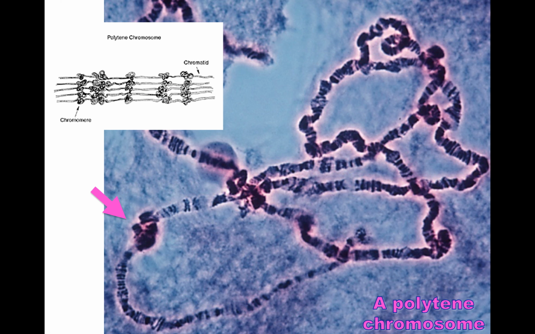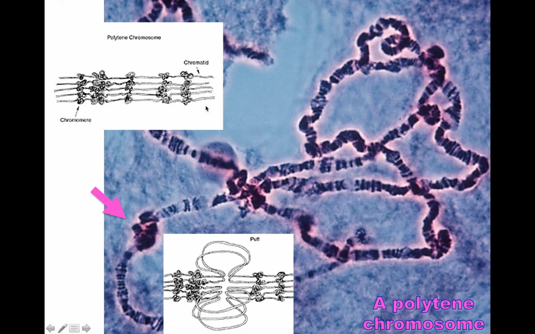So this is what it looks like if you were to draw a schematic diagram of the chromosomes all lined up next to each other. And a puff indicates that a region of the chromosomes is looped out, presumably to have access to RNA polymerase and be transcribed into messenger RNA.